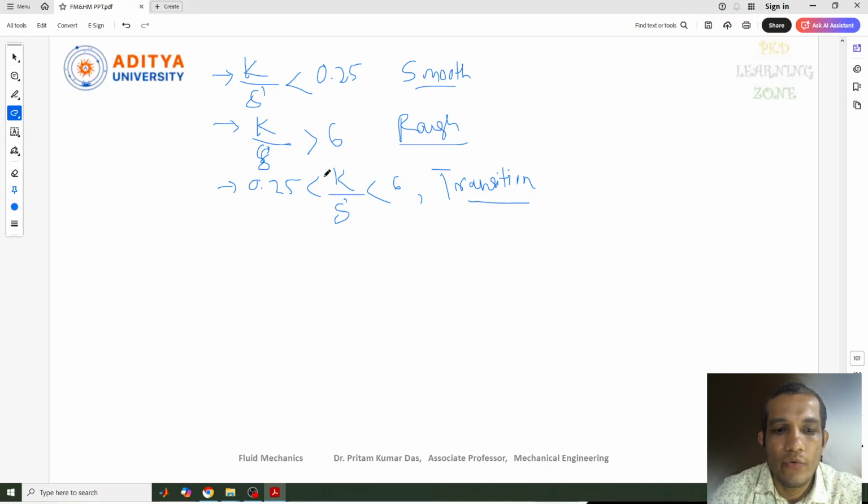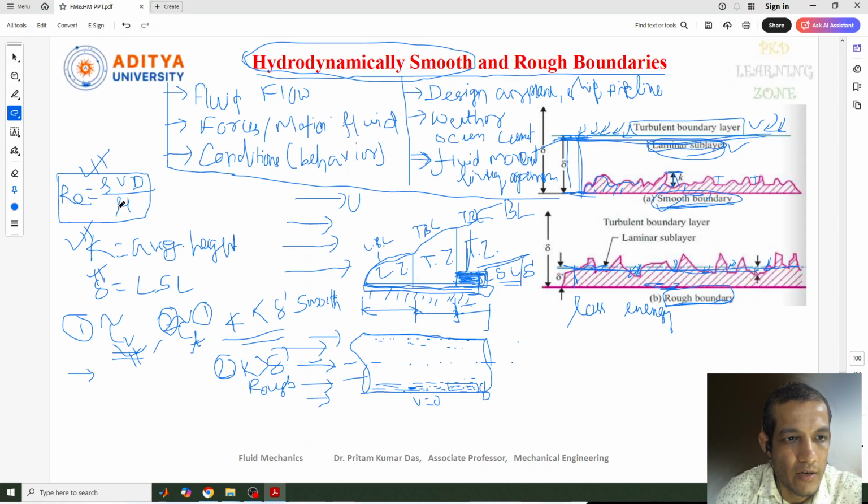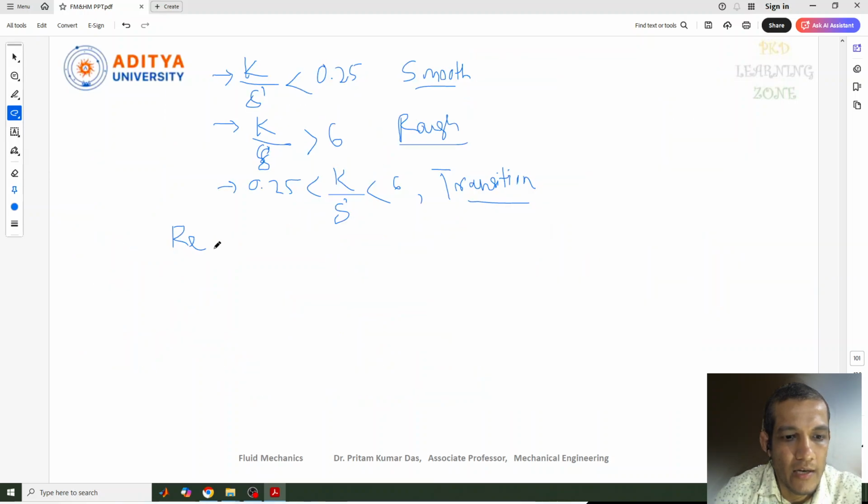If you consider roughness in terms of Reynolds number, as I already told you, Reynolds number is rho v d by mu. Similarly, the roughness Reynolds number can be written as rho v d by mu, or also v d by nu, because nu equals mu by rho.